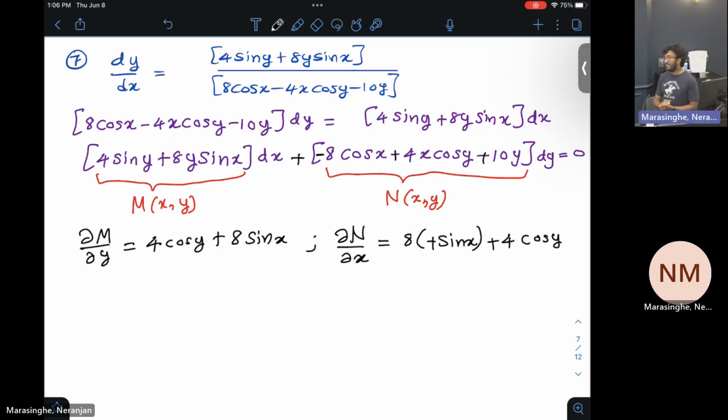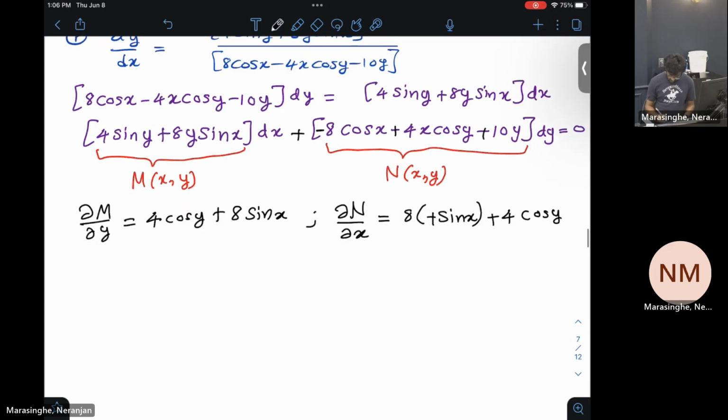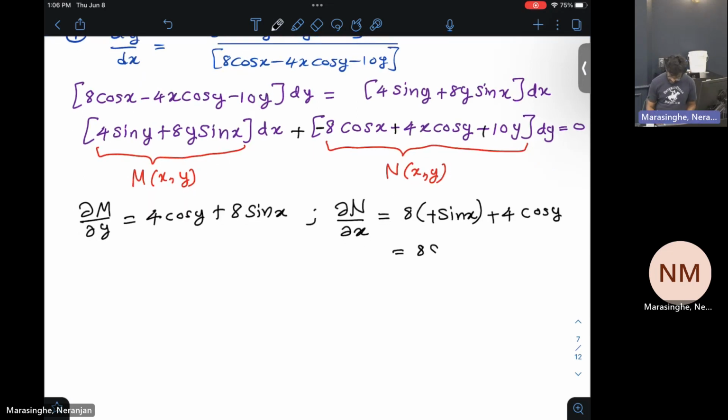Okay. Now it is an exact equation. Equal to 8 times sine of x plus 4 times cosine y. Okay. So now this is an exact equation.